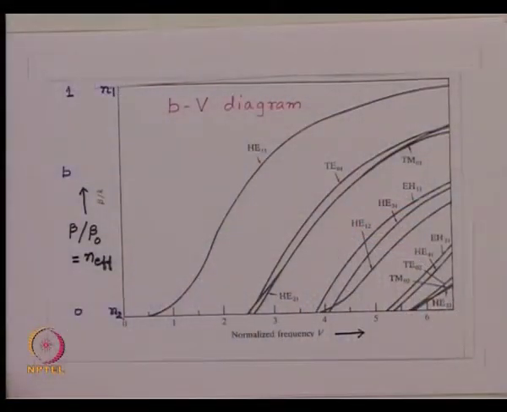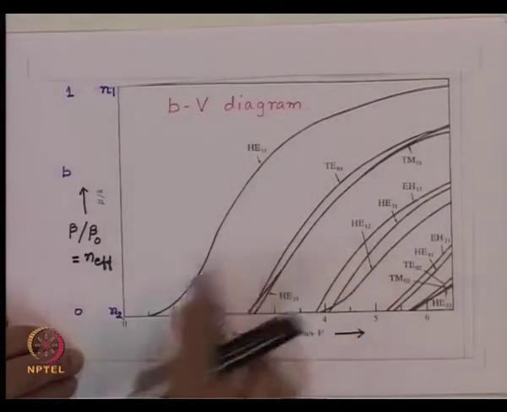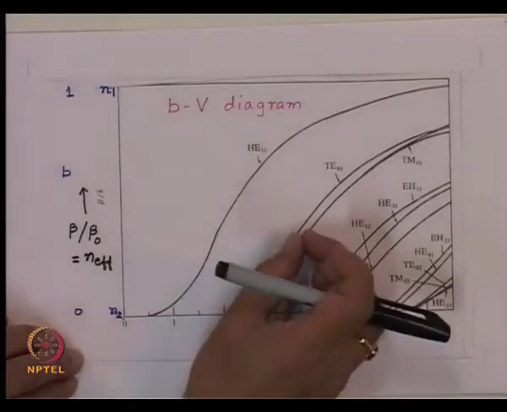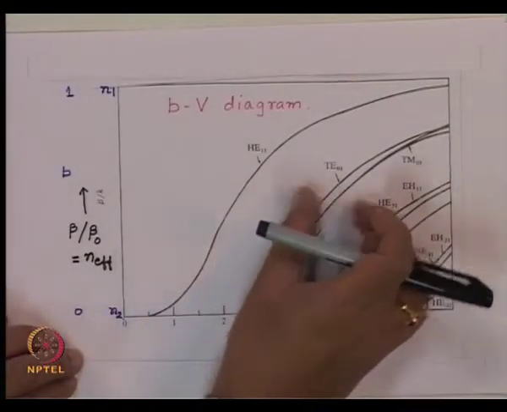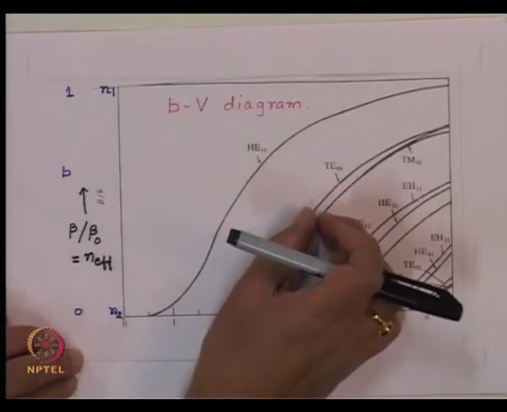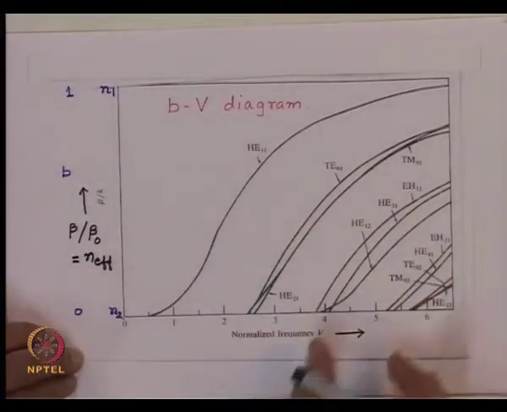In terms of the BB diagram, what is essentially happening is that as N1 approaches N2, the modes which you see as a separate group here almost become degenerate. That means the characteristic BB diagram curves for this set of modes almost merge into each other. Similarly, these modes will merge into each other, and these will merge into each other.